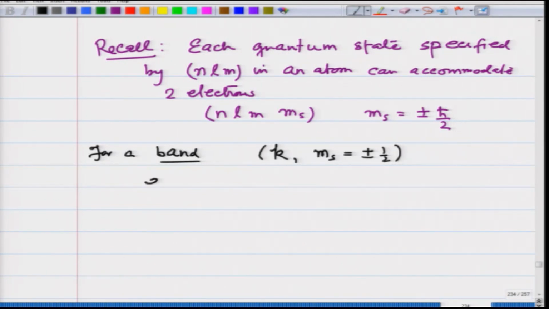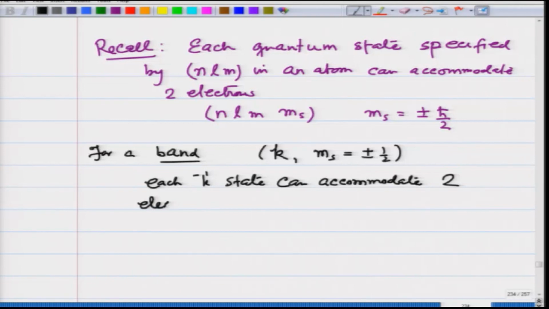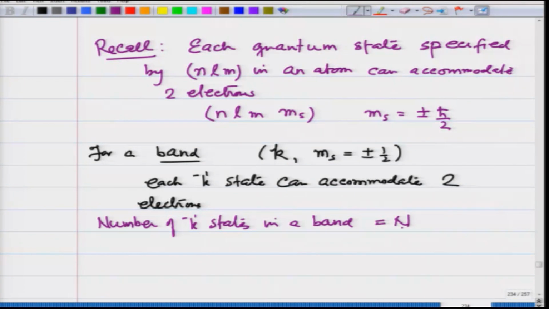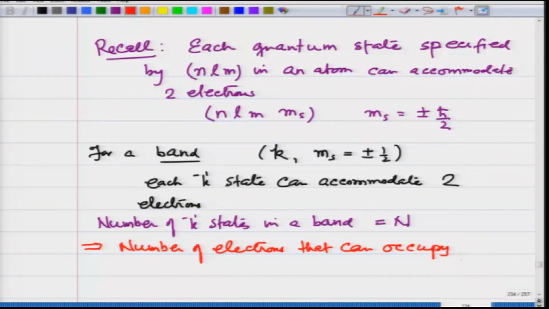Therefore, each k state can accommodate 2 electrons, and then the number of k states in a band we just saw as N, and therefore, the maximum number of electrons that can occupy a band is going to be equal to 2N. So, each band now can take 2N electrons.